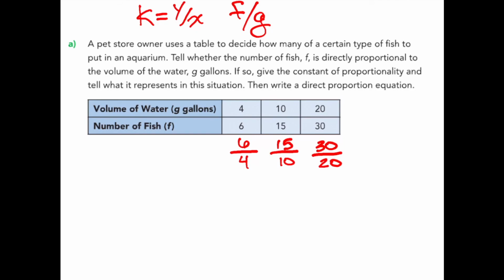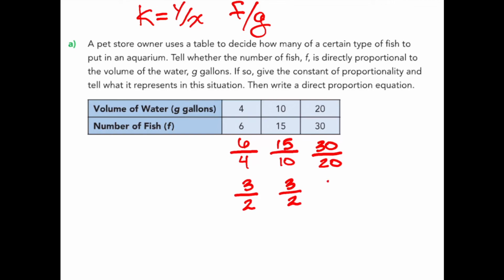We are now beyond working with fractions without our calculator. So you are more than welcome to type 6 over 4 into your calculator to find the simplified solution. But 6/4 is the same as 3 over 2. 15 over 10 simplifies to 3 over 2.